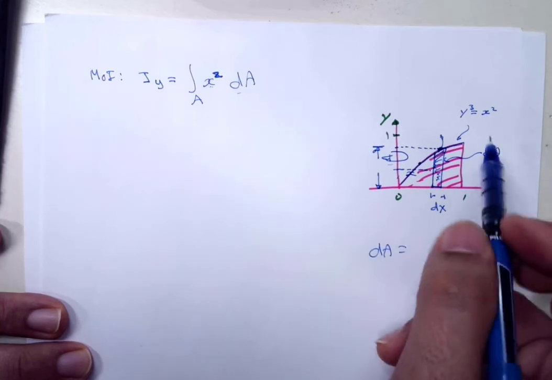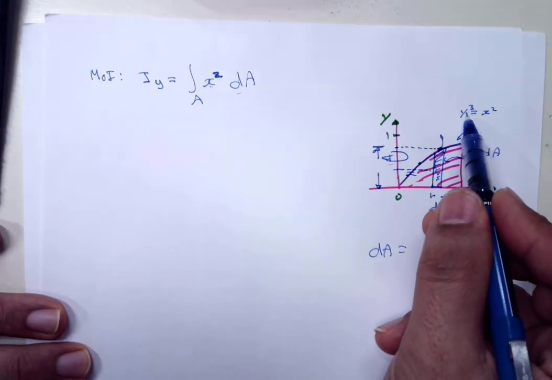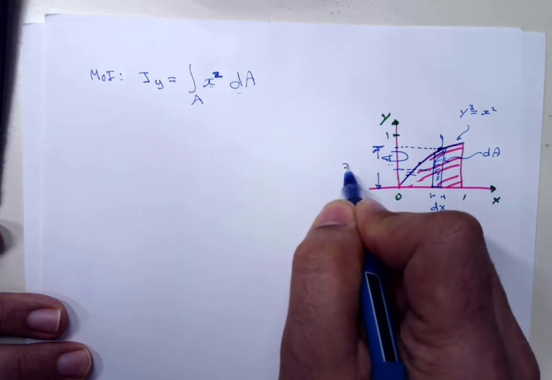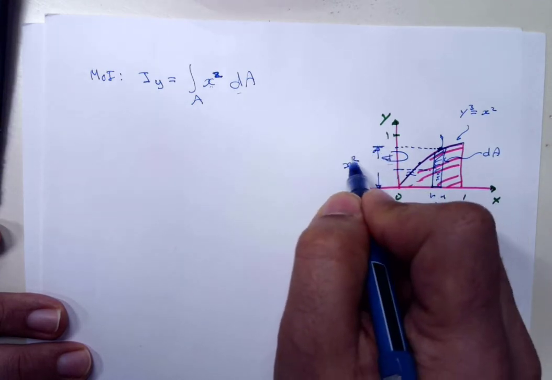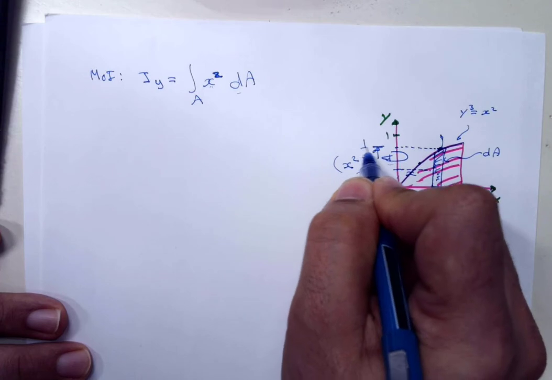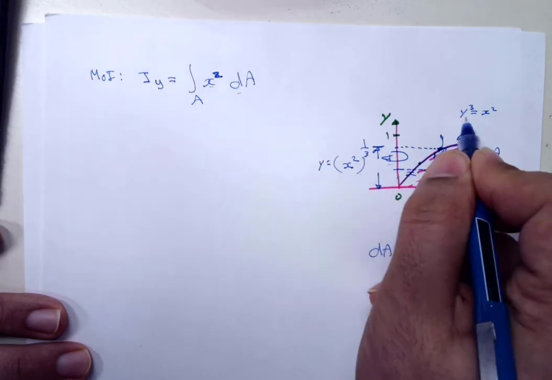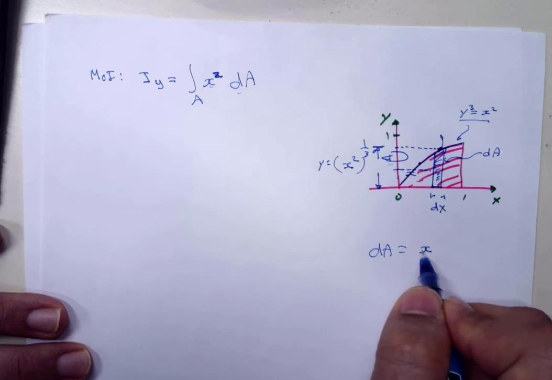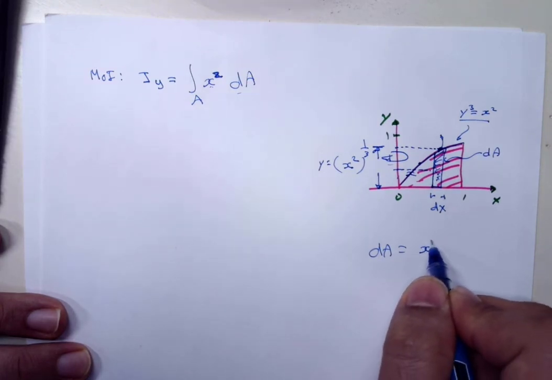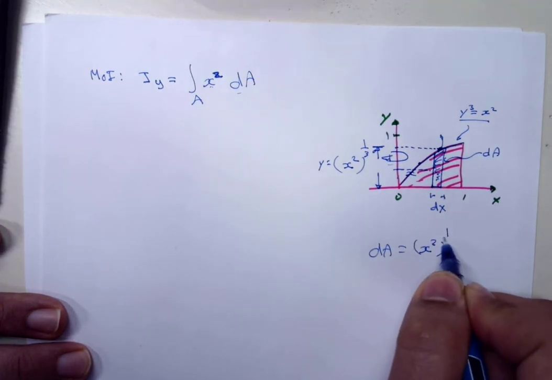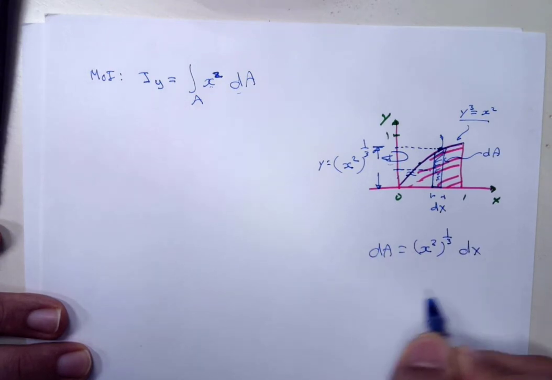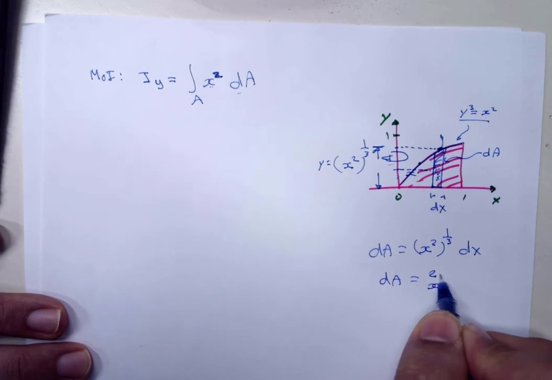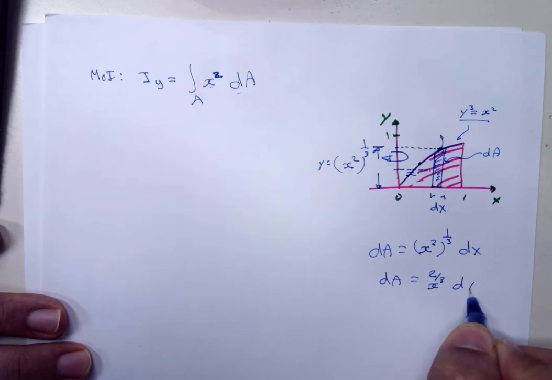That height is easy because this height is x squared, 1 over 3, this is equal to y from that equation, right? So dA equal to x squared 1 over 3 dx. dA equal to x 3 dx.